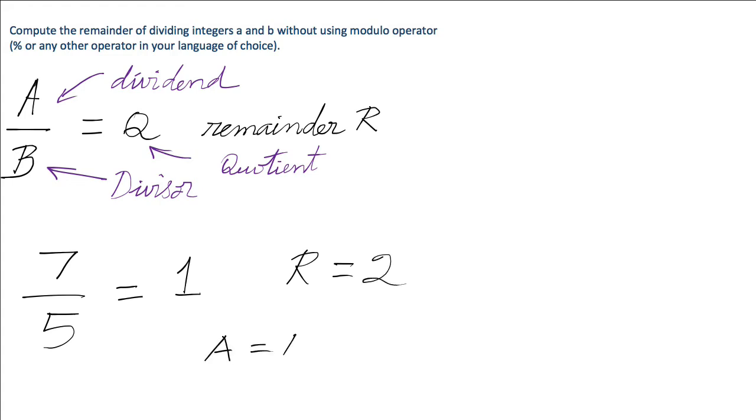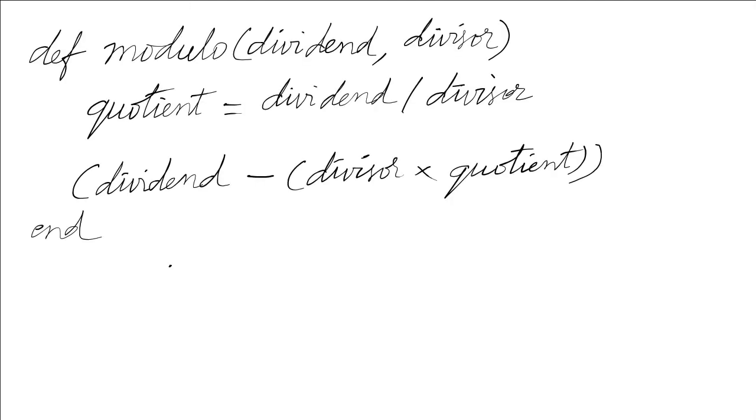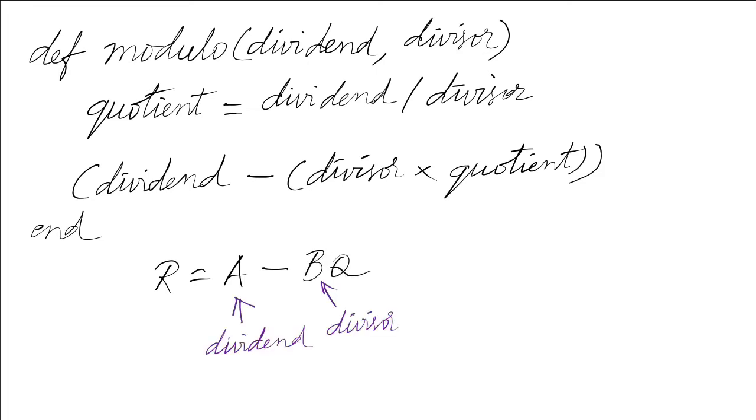We can form an equation relating them. We can rearrange the equation to find the remainder. We can write a program that uses the formula to compute the remainder. We know r equals a minus bq, where a is the dividend, b is the divisor, and q is the quotient.